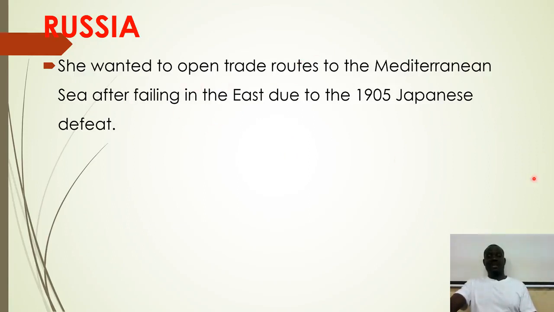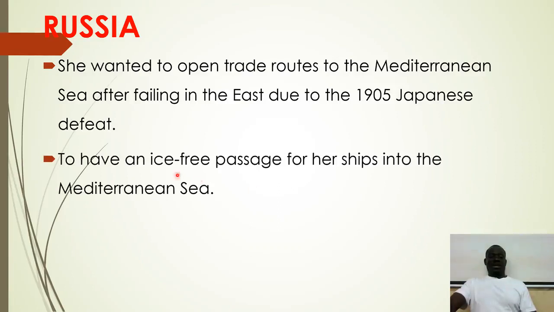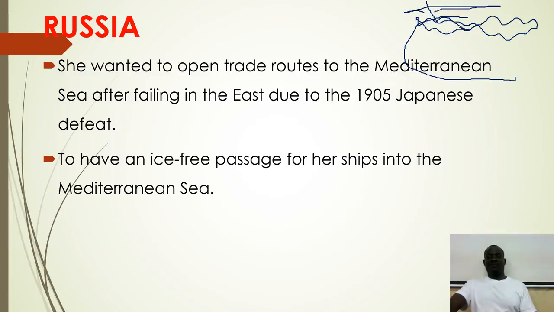That's why she supported Serbia. So to have an ice-free passage for her ships into the Mediterranean Sea, we see Russia is on top, to the north there. Now, most of the land there is ice. Therefore, the ships or the trade routes may not be established there.